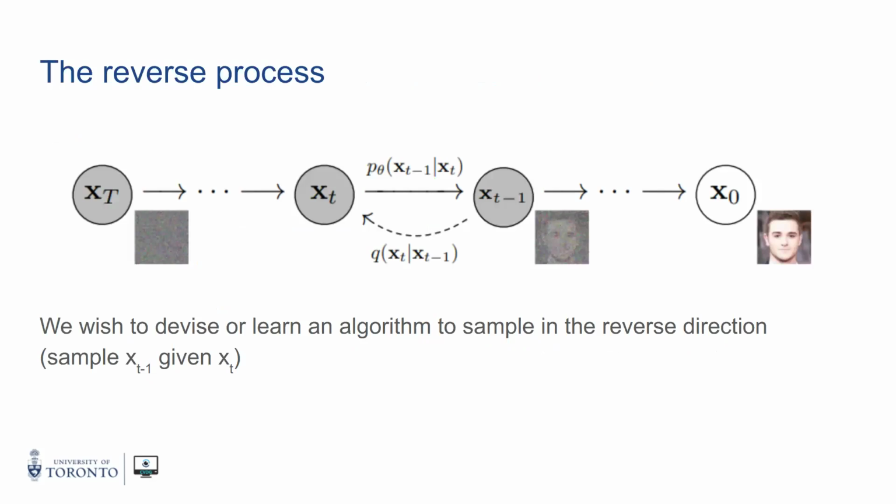So now what we want to do is train a model to replicate the reverse process. Currently we have an algorithm that goes from here to here. And the question we want to ask is, can we create a distribution where we can just sample an image from a normal distribution, and be able to reverse this process and sample our image at time t-1 given our image at time t?